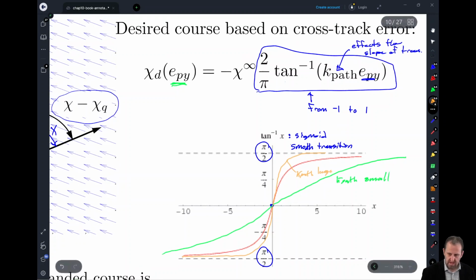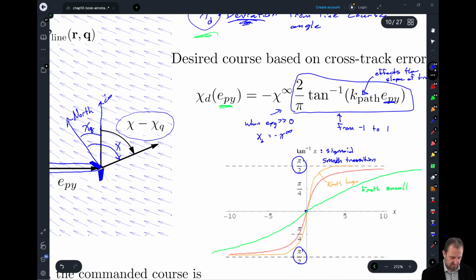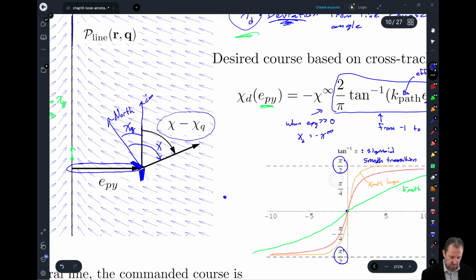Okay, so now when we take a look at the rest of this function, if we look at this, when EPY is really big, then our desired is going to be equal to our -∞. So if we're way over here to the right of the line, then it's going to be pointing towards the line as much as we want it.